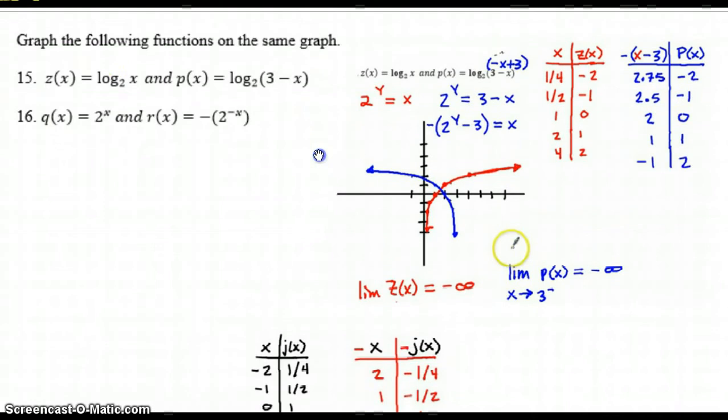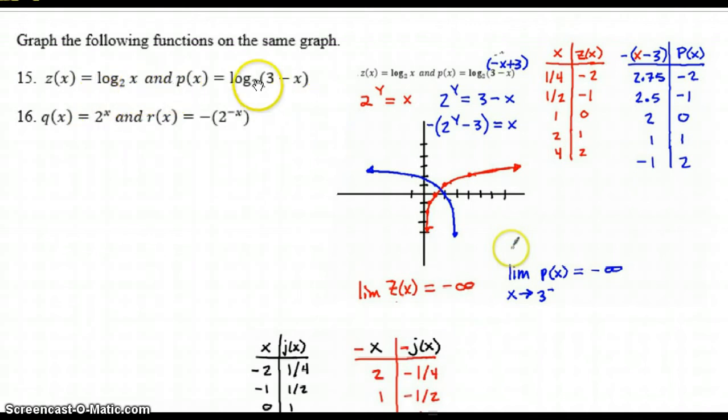To graph this log function, I would recommend rewriting this base graph into an exponential function, just rewriting 2 to the y power is equal to x, and then creating a table of values to create that first base graph here.